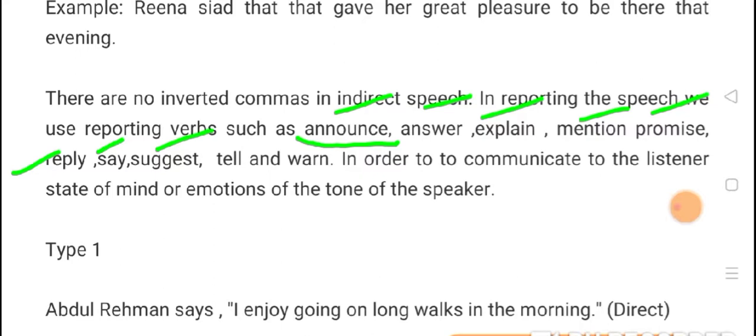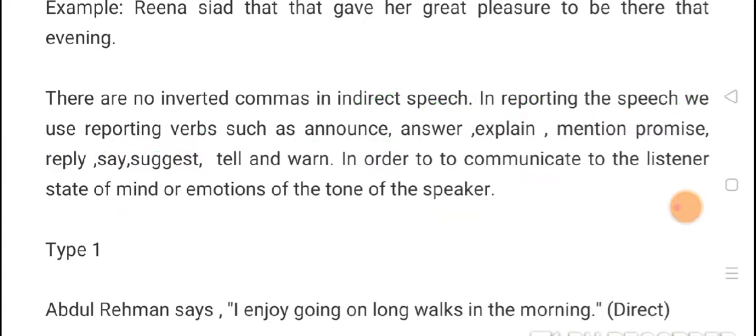So we can change according to the emotion or the situation. In order to communicate to the listener the state of mind or emotions or the tone of the speaker, we use these words in place of the reporting verb said, according to the mood of the speaker.